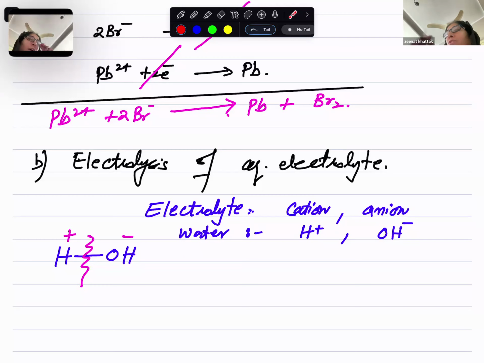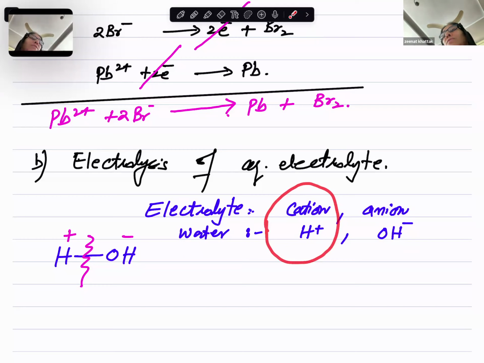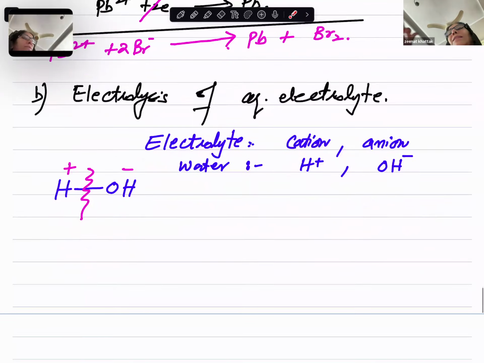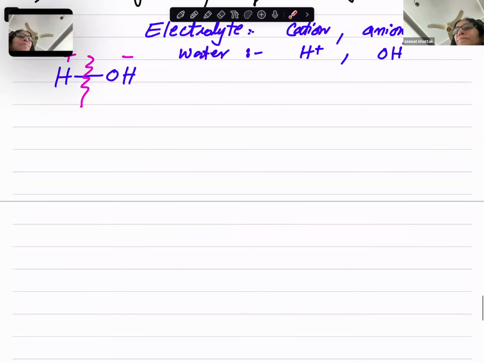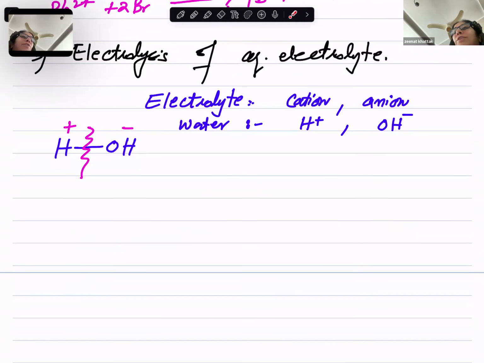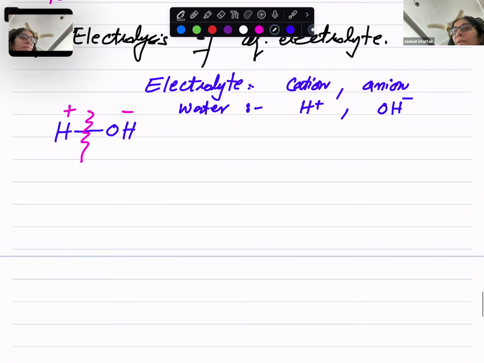There are two types of cations and two types of anions in the cell. Look, this is your cell.